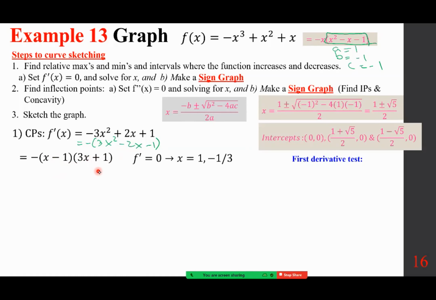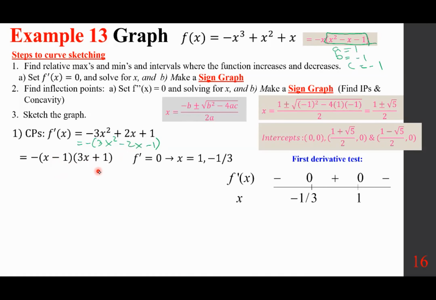We are interested in finding local extrema and intervals of increasing and decreasing. We have to do the first derivative test. That means we put a sign graph, and on the sign graph, at x equals -1/3 f prime is 0, at 1 f prime is 0, and then we pick up TPs. Let me tell you how the TPs, or test points, work. If we were to pick a test point, obviously over here would be 0 between the two numbers.